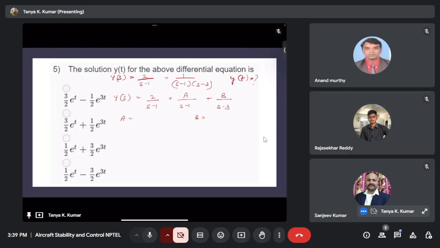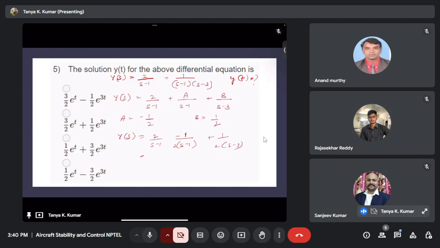Alright, so a, I get it to be around 1 by 2. This is plus 1 by 2. So if I just substitute it, I get 2 by s minus 1 minus 1 by 2 times s minus 1, and I have plus 1 by 2 times s minus 3.